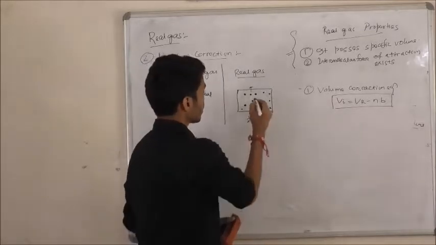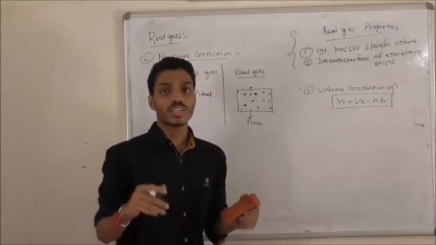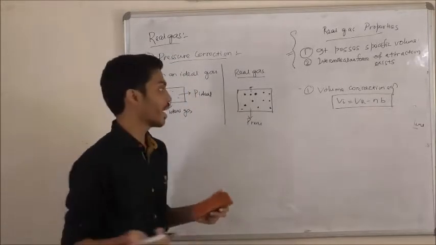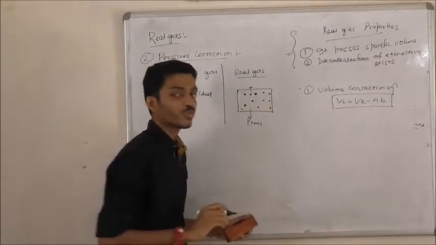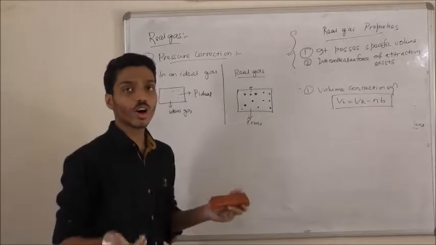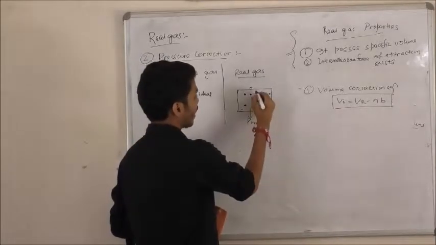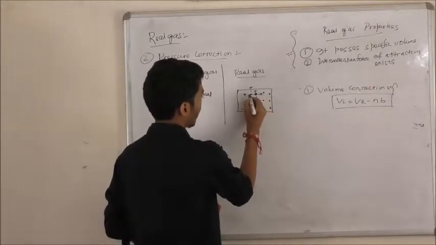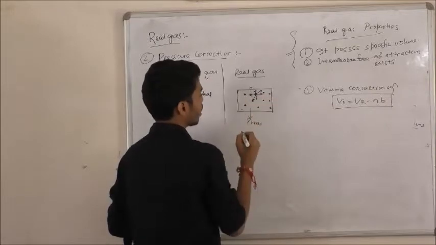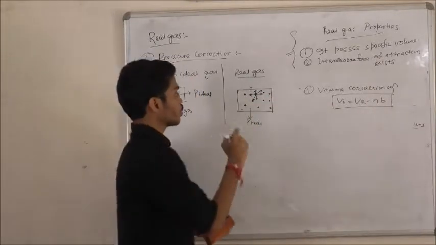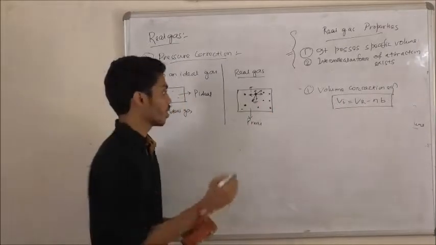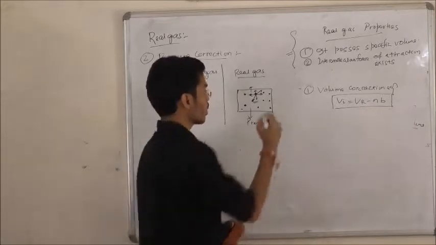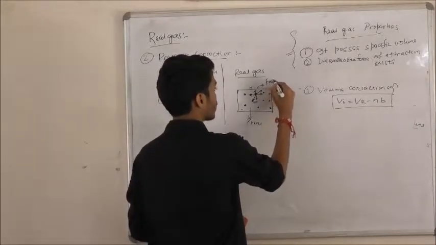Since the intermolecular force of attraction in a real gas is not negligible, a gas molecule at the center of the container will be attracted in all directions by other gas molecules. So the net force is 0.